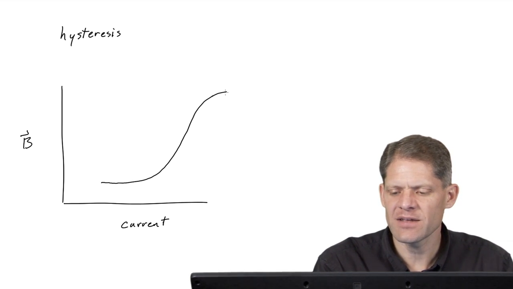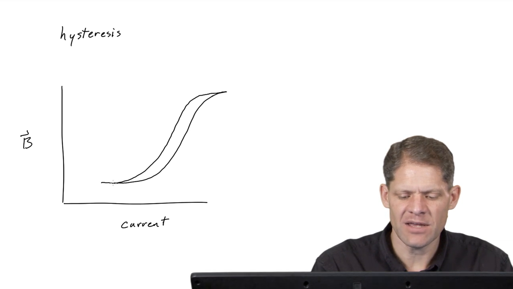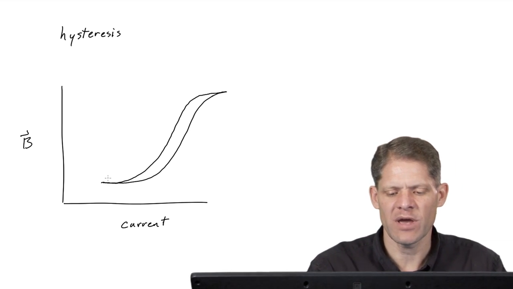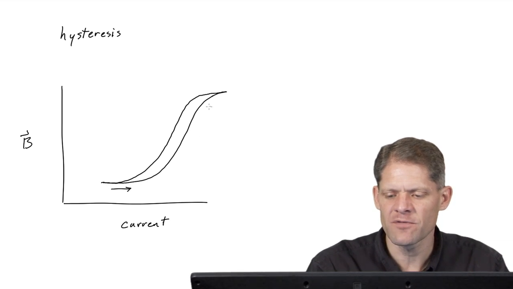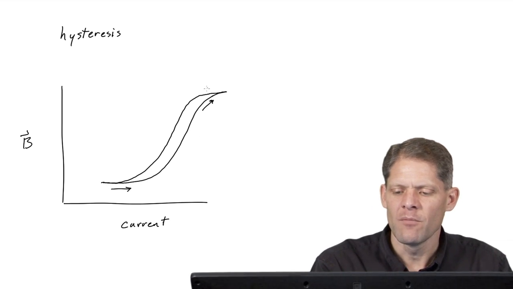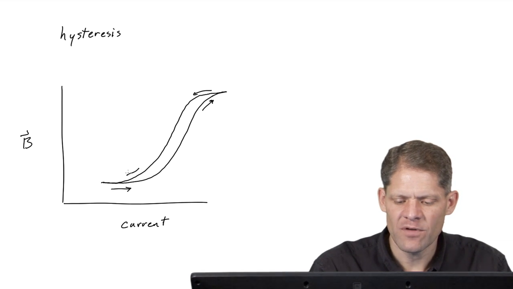However, if from that condition we were to decrease the current, we would find that the magnetic field didn't follow exactly the same curve on its way down. So moving in this direction, it would follow this curve. But if we move the current back, it follows this curve.